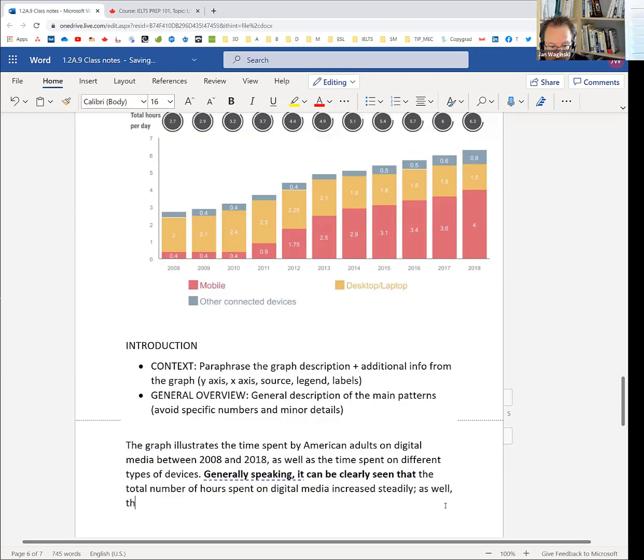As well, the time spent on mobile devices also increased. Yeah, but time spent on other connected devices also increased. So we want to be a little bit more specific to say that time spent on mobile devices became like the biggest chunk, right?